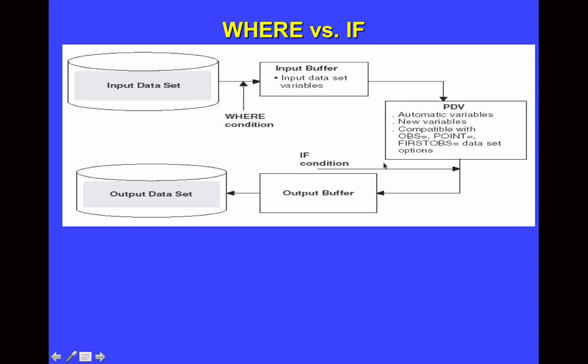The if conditions operate later in the sequence of events, and they operate at a time when you might have new variables created from your data steps, or after SAS has created some automatic or internal variables of its own. And then the data flows all the way through to the output data set.